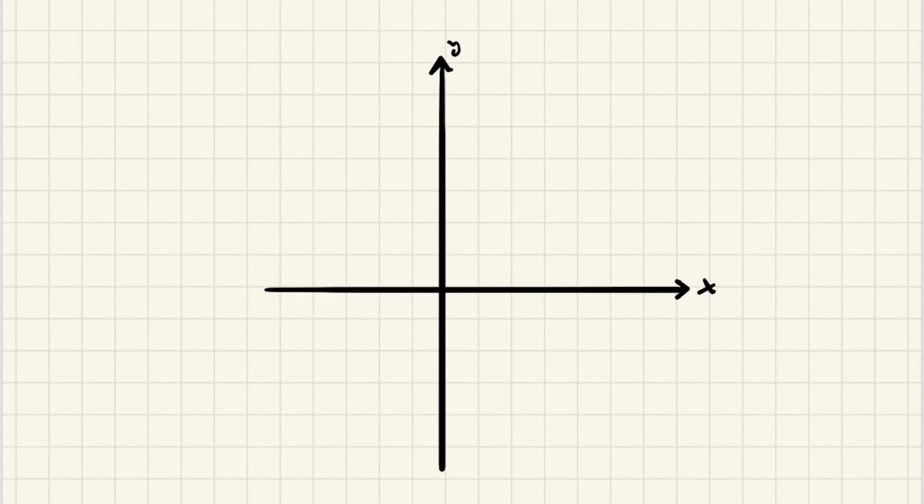So looking at a map of the quadrants here, we already know how to find trig function values of quadrantal angles. So that's 0 degrees, 90 degrees, 180 degrees, and 270 degrees. And using a 45-45-90 triangle, we know how to find the trig function values of 45 degrees.